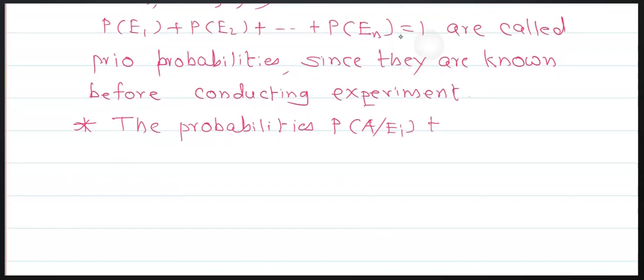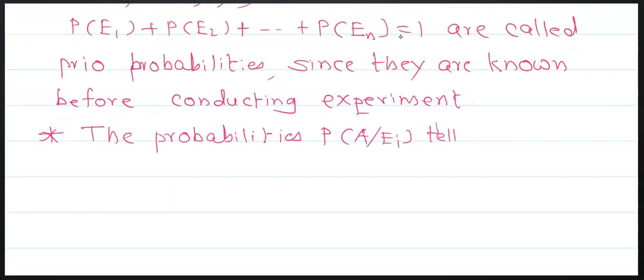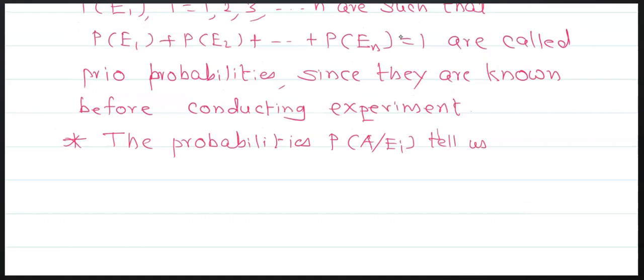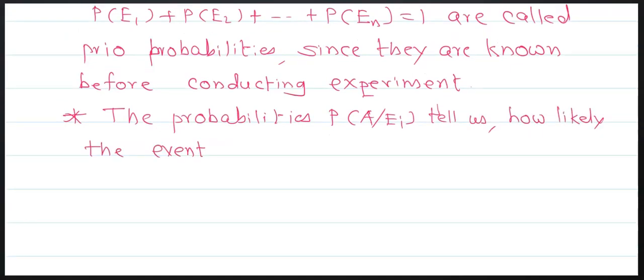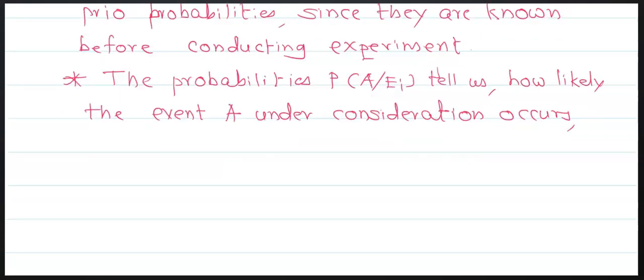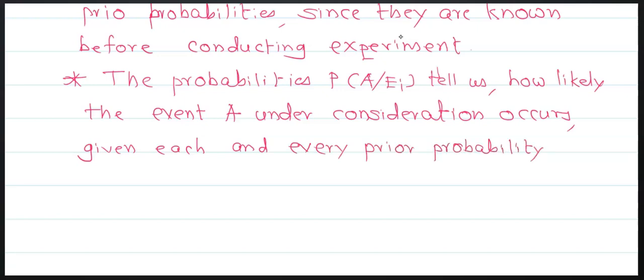The probability of A conditional Ei tells us how likely the event A under consideration is to occur, given each and every prior probability.